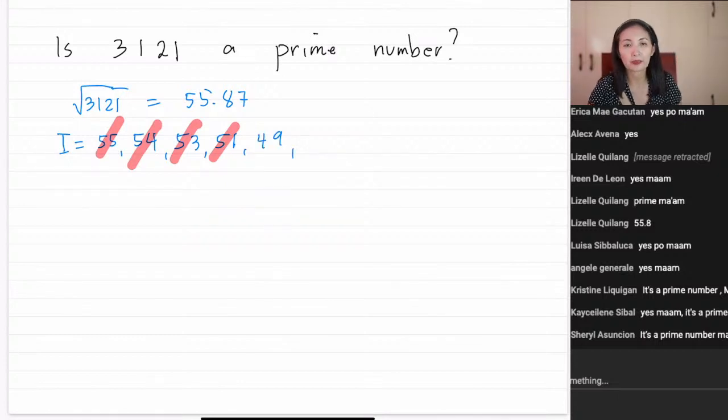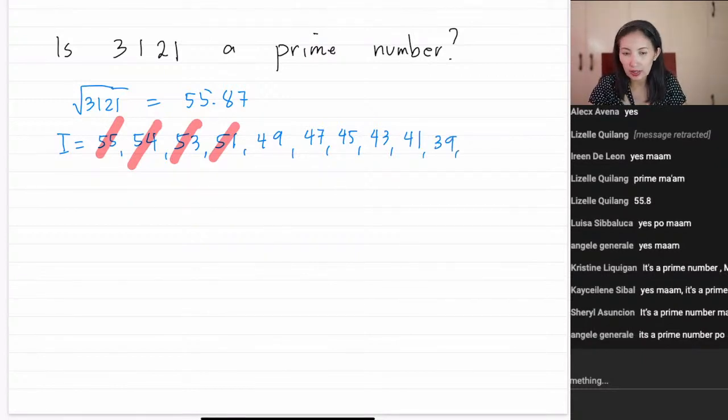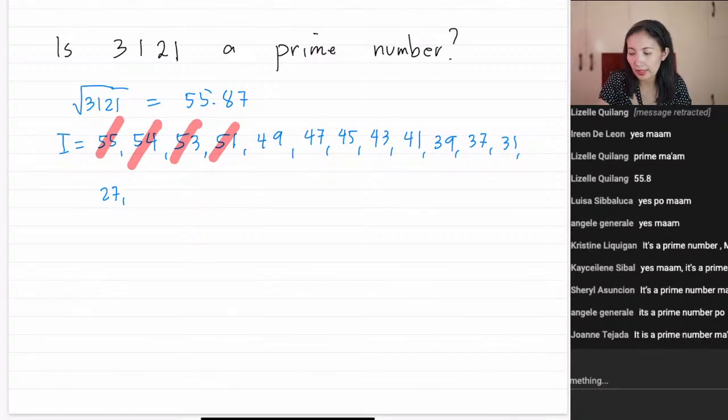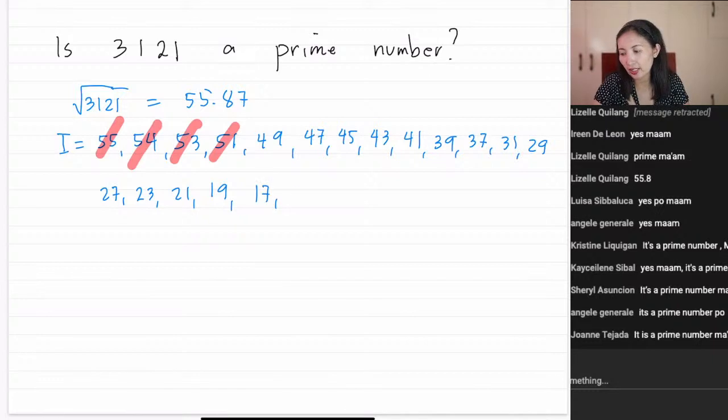So we can have 47. 46, no, it's even. 45, 43, 41, 39, whichever, and then we can even have 37, 35, 31, 29, 27, not 25, can have 23, 21, and then 19, 17, 13, 11, 9, 7, and then 3. So any of these numbers could possibly divide.